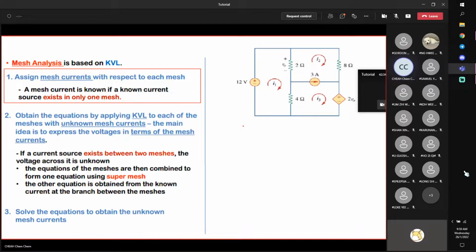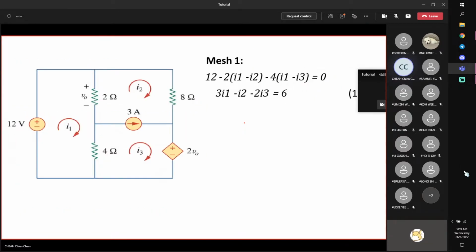After that, obtain the equations by using Kirchhoff voltage law, starting from one mesh at a time. If I start from mesh 1, I start from any point. Here there's an increase in voltage, so I put plus 12. If you want to put negative, it's also fine. When you come to a voltage drop, then you put positive across the resistor. Over here, ignore this one first. We are simply going around this loop only, expressing everything in terms of I1 and I2.